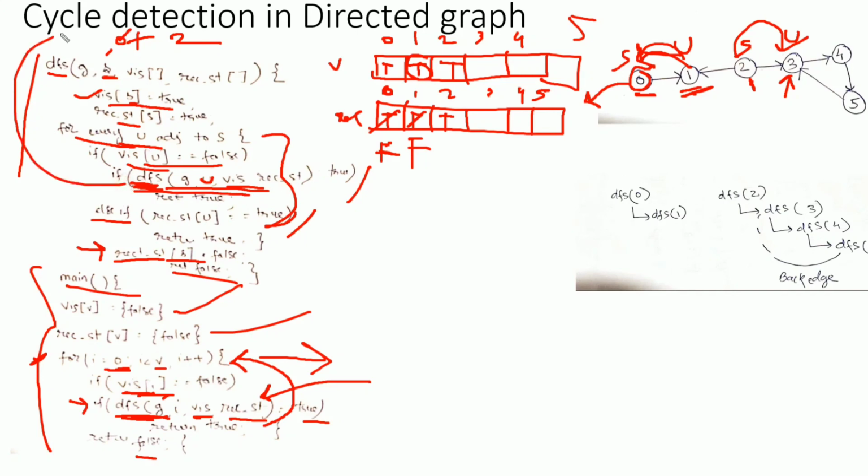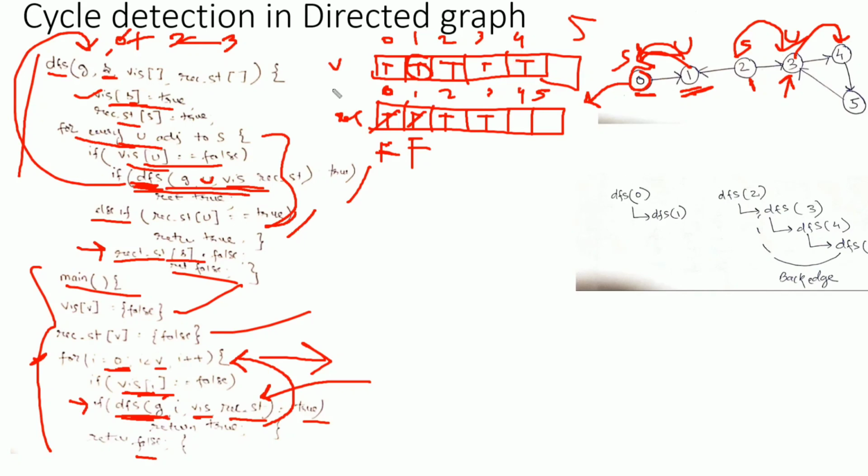So again from this I'll be calling, as it is a recursive call. Now s changes from 2 to 3. Visited of 3 will be true. Recursion stack 3 will be true. Now the adjacent of 3 is 4. Check its value in the visited array, that it is false.